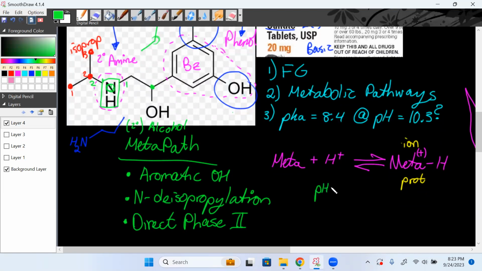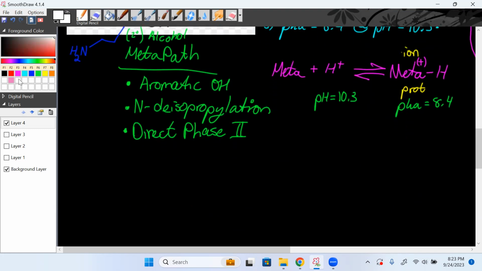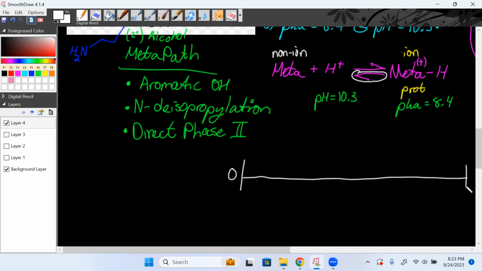So we can plug in the pH here at 10.3, the pKa at 8.4. And so Mother Nature will always choose the higher number, which is the weaker acid. So Mother Nature is going to choose the non-ionized form of the drug at a pH of 10.3. So we have 0 to 14.